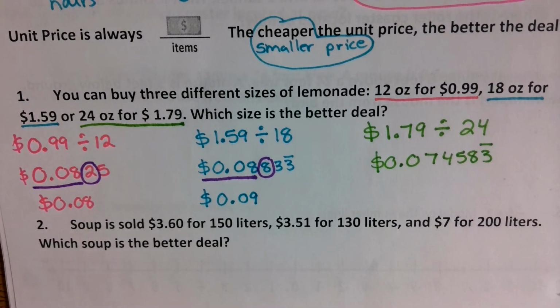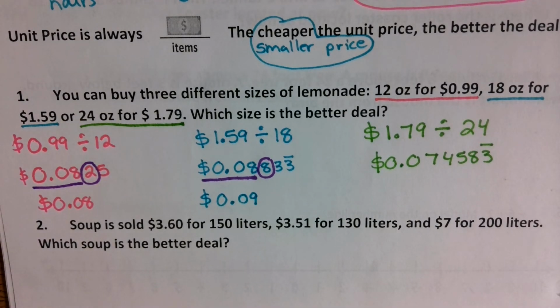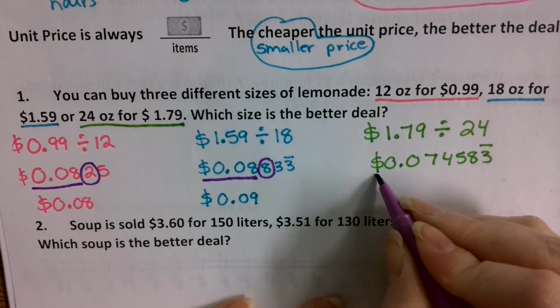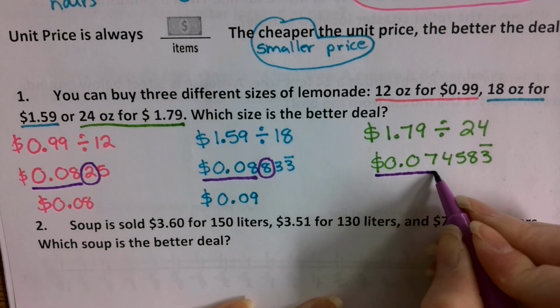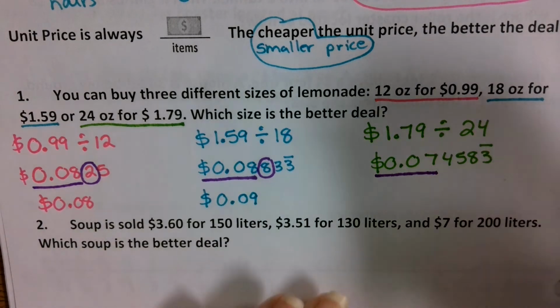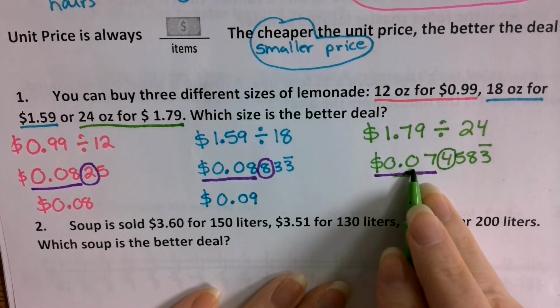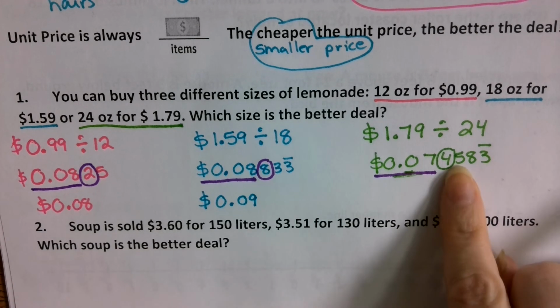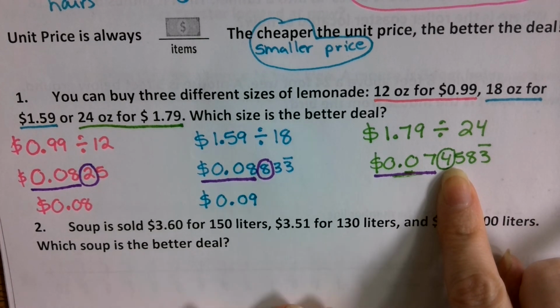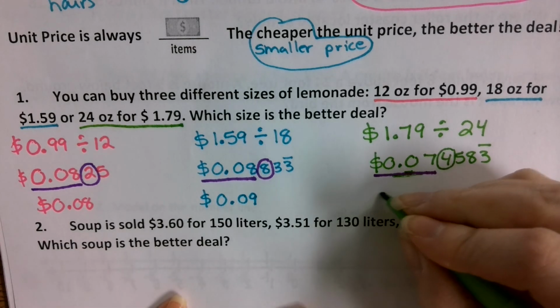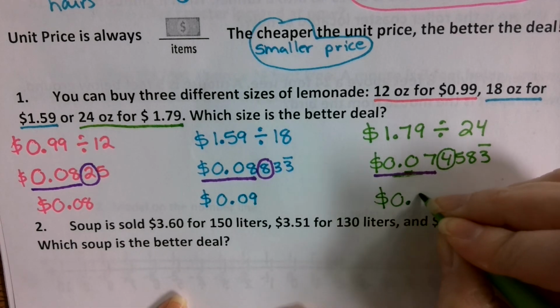It goes on forever. So again, my money is only going to be at this part right here, 0.07. And now I need to look at that 4. Am I going to keep it at 0.07, or am I going to round to 0.08? Keep, right? 4 or below, you just let it go. You leave it alone. So this is going to be roughly 7 cents.